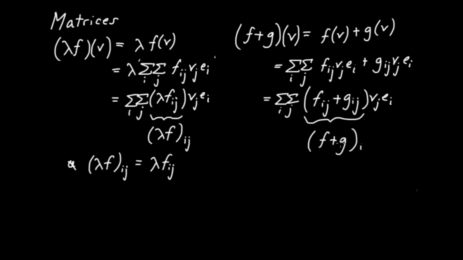So it's going to be f plus g, the ij entry. So the matrix representation of the sum is given by simply the sum entry-wise of those two linear transformations. So if we want the ij entry in the matrix representing f plus g, you simply take the ij entry in f and add it to the ij entry in the matrix g. So you just add entry-wise, as you're probably used to when you add matrices. But this is why that works and why it corresponds to linear transformations.